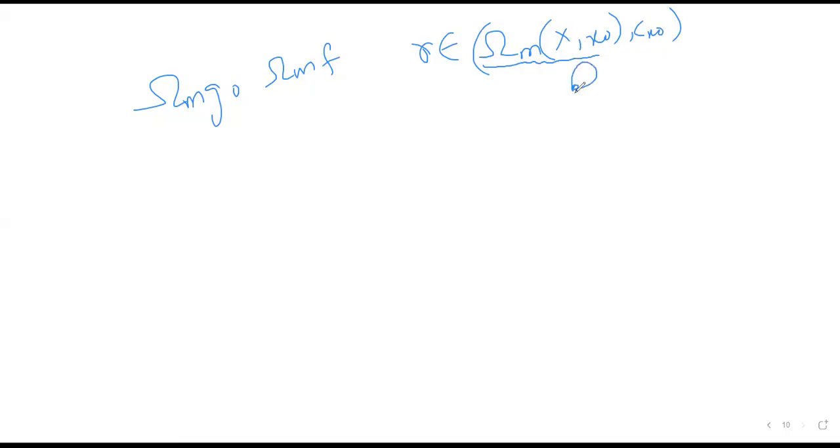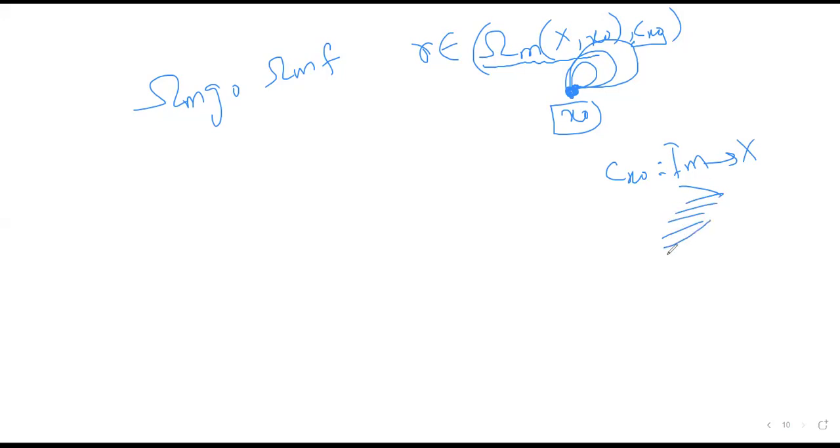Its vertices are the m-length paths from x0 to x0, and c_x0 is a base point. Okay, we can see c_x0 is a base point, which means c_x0 is the constant path which sends all the points to x0. So this is the vertex.